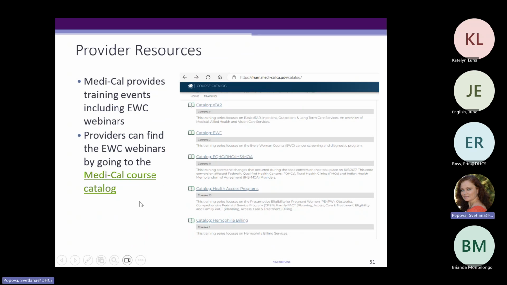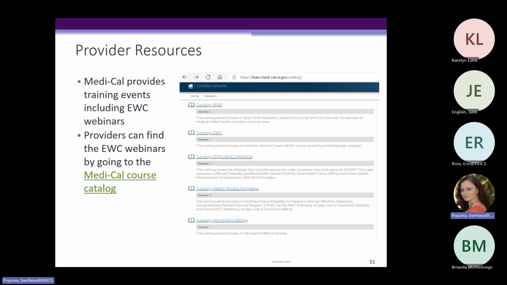So, besides our own pages, Medi-Cal also provides some of the trainings that are not done by us, but are usually done by the field workers or the medical fiscal intermediary. So, Medi-Cal has a catalog of all the courses, and this catalog is not about EWC. It's really about all the courses for different programs within the HCS.